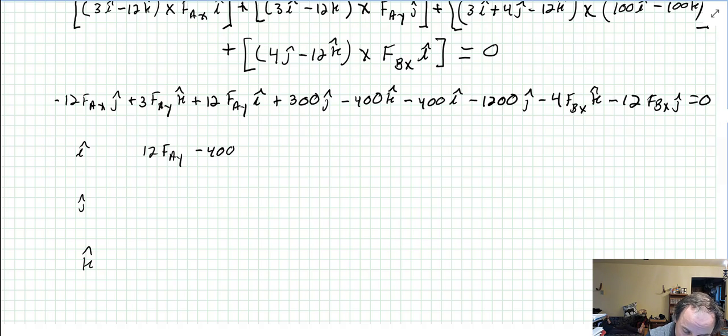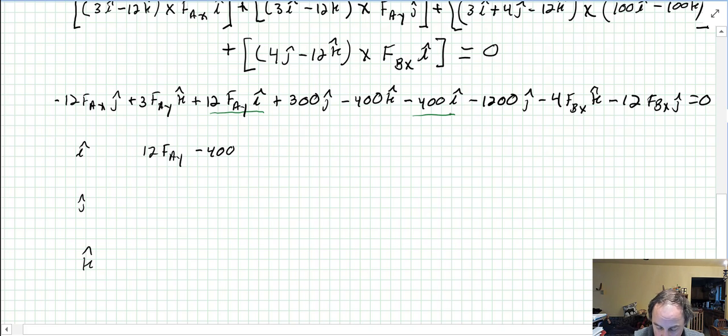All right, so let me highlight those. So the i components here and here. That's it, just those 2. That's going to equal 0. So this gives us FAY. Nice.